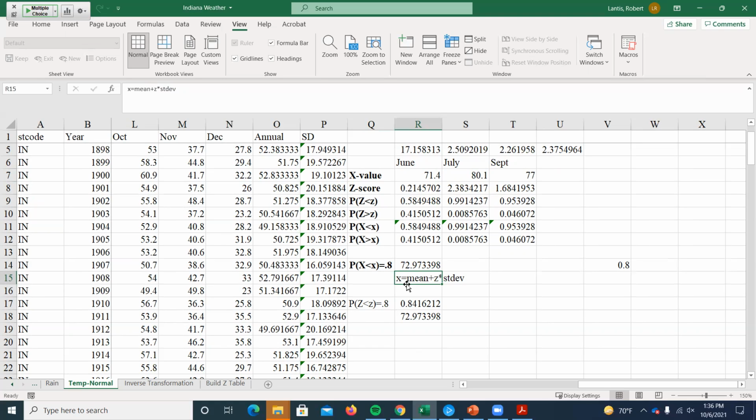So norm.s.dist and norm.s.inv are just like looking up z-scores in the table. Norm.dist and norm.inv are calculating things behind the scenes and then looking those values up in the table for you. You just don't see what those intermediate steps are.